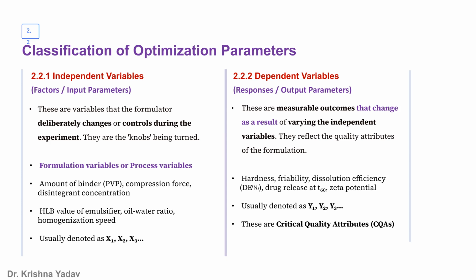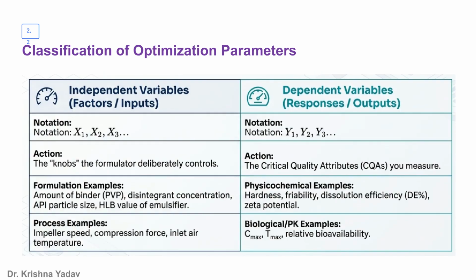Optimization parameters are classified as independent variables, or factors you control, and dependent variables, the measurable outcomes, or critical quality attributes, or CQAs. Independent variables are the knobs, denoted as X, while dependent variables are the responses, denoted as Y. This table summarizes the classification of optimization parameters, including their notation, action, and examples.